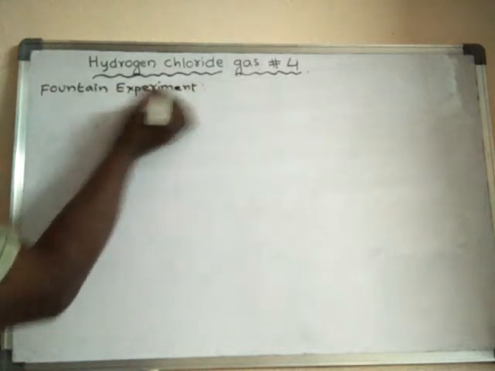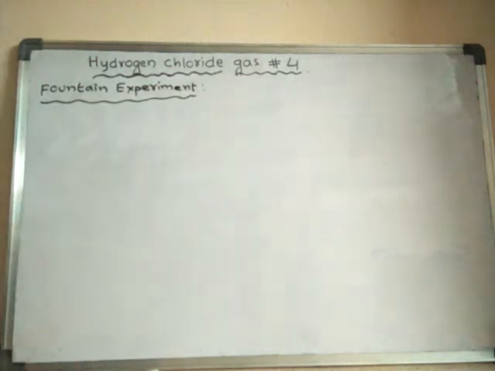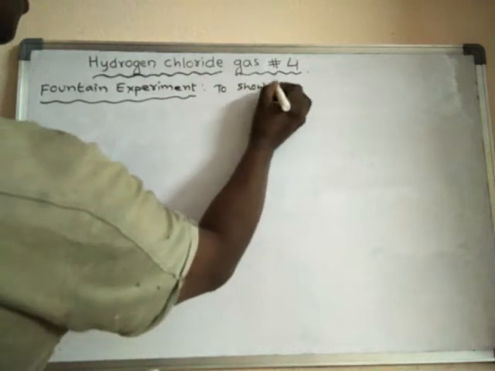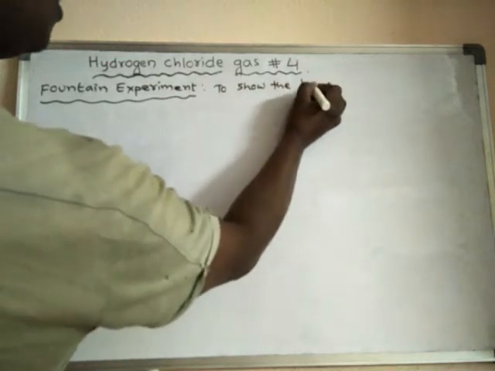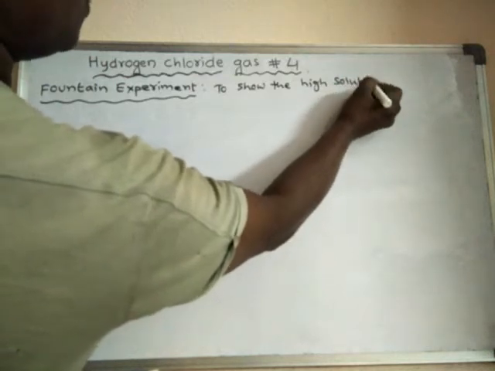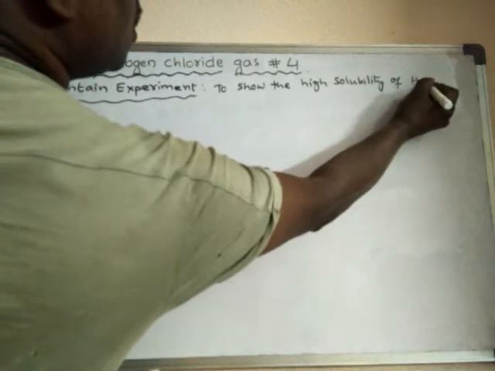Generally, with the help of the fountain experiment, the solubility of any gas can be shown, to show the high solubility of HCl gas.